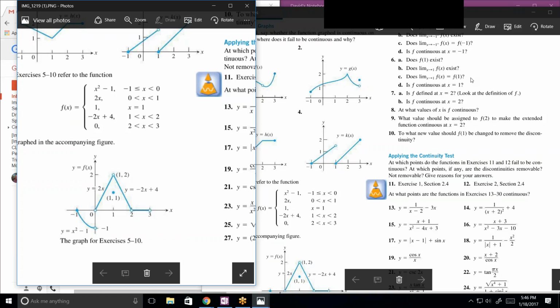Yes. And f of 1 is 1. So no, they're not equal. Is it continuous at 1? It doesn't have anything else touching it, but you'd have to pick up your pencil to draw it, right? Yeah. So it's not continuous.